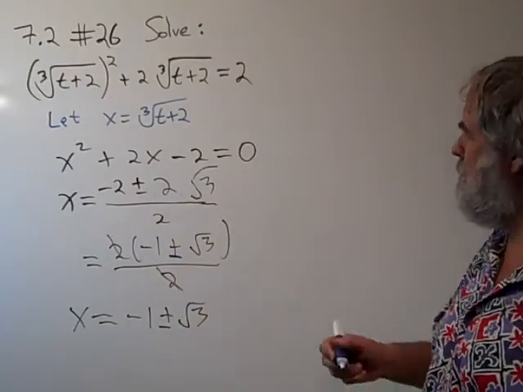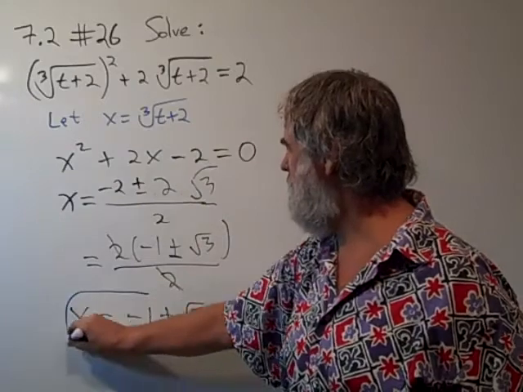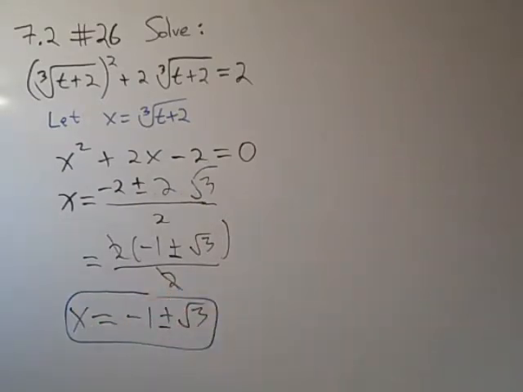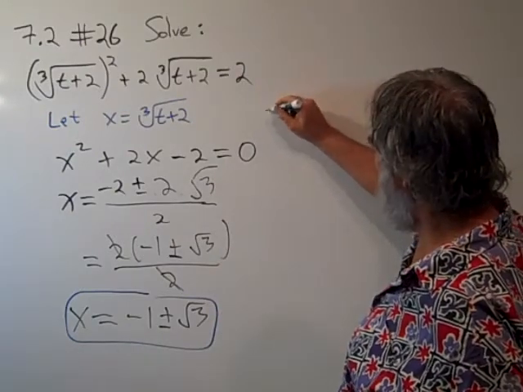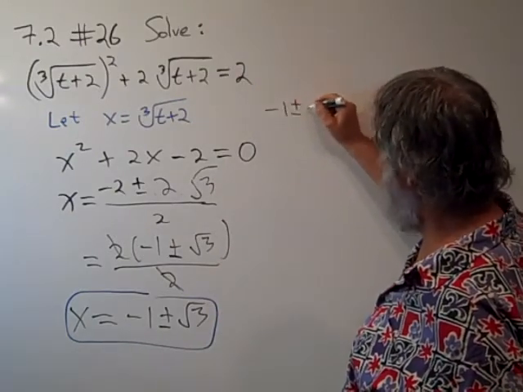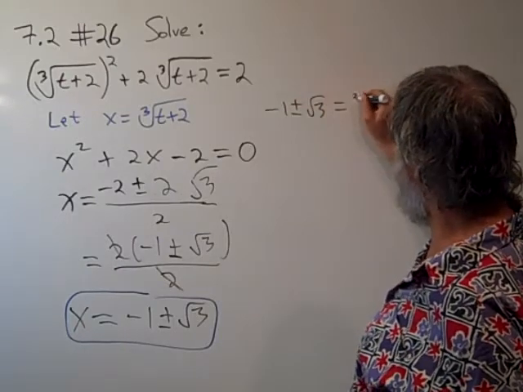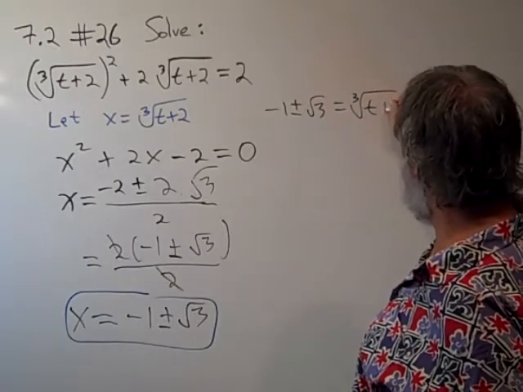This is x, but we're supposed to find t, so we're not quite done. But we're getting there. So now we know that x is negative 1 plus or minus the square root of 3, and that's equal to the cube root of t plus 2.